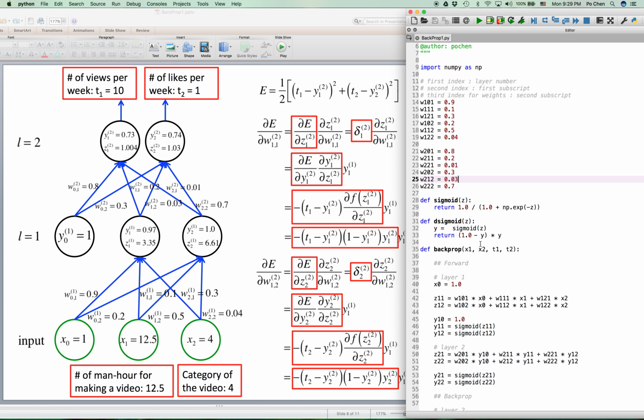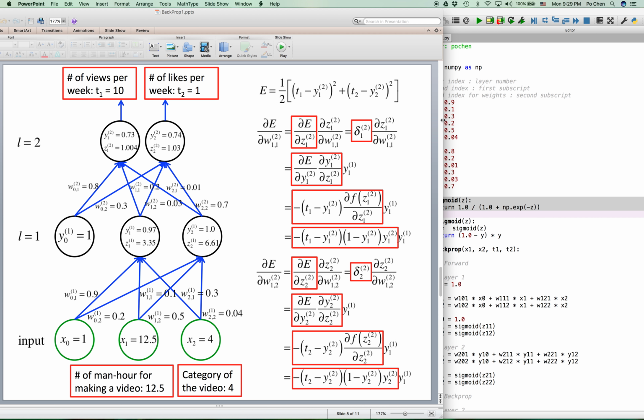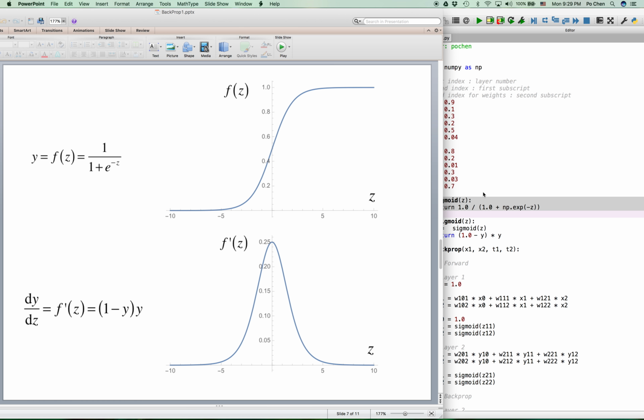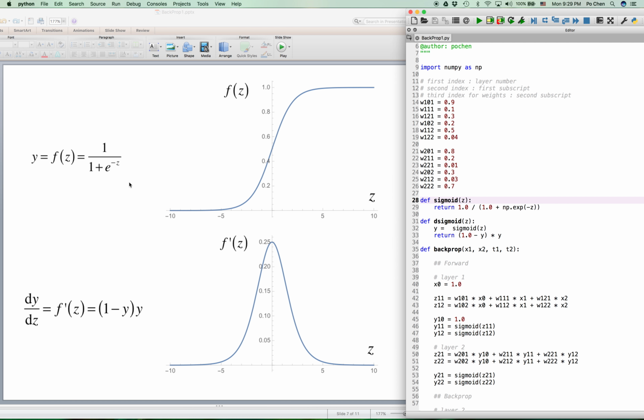We will still be using the sigmoid function as the nonlinear function inside each neuron. So we need to define a Python function to implement this sigmoid function. The definition is just a straightforward translation of the mathematical formula of the sigmoid function: 1 over 1 plus e to the minus z.